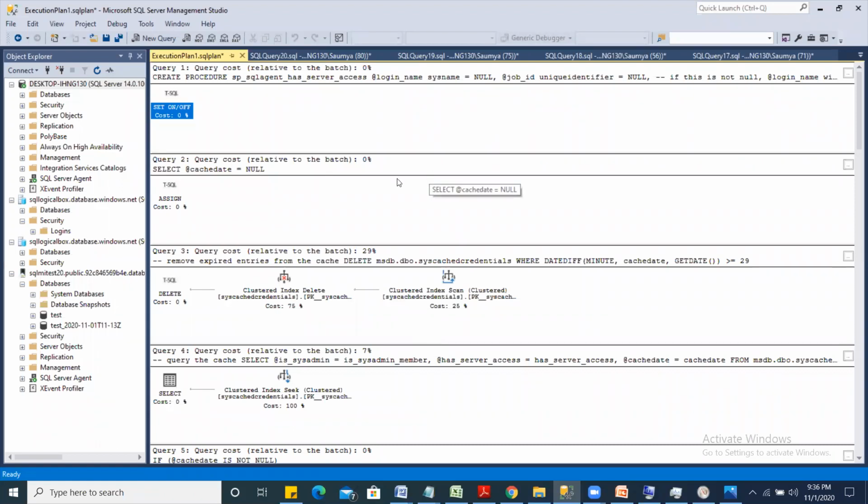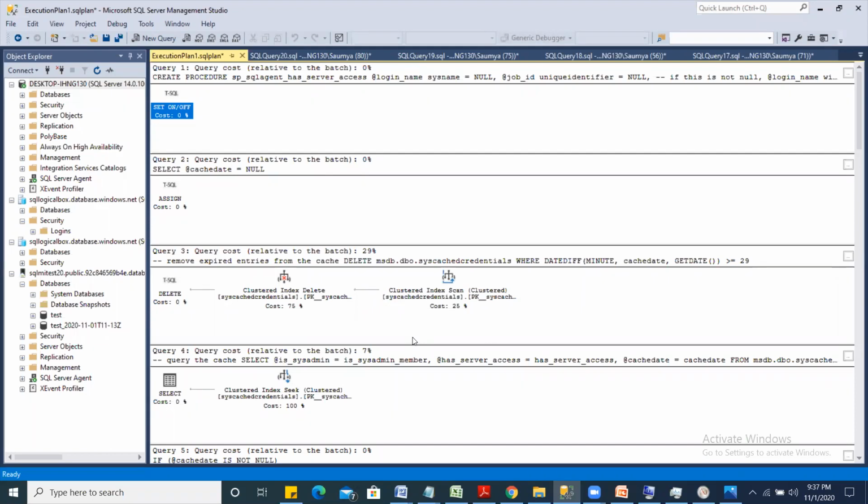Second thing, try to find which indexes are being scanned or sought, right? And your next task is to check the fragmentation level against those indexes, right? If the fragmentation level is high, then what you have to do is rebuild that index in the online fashion, right?